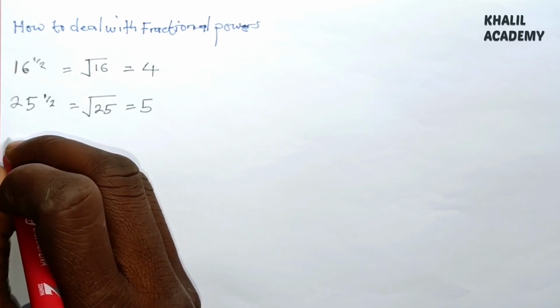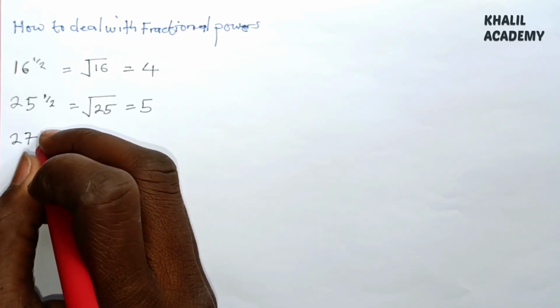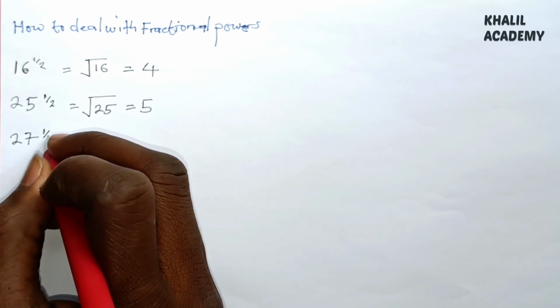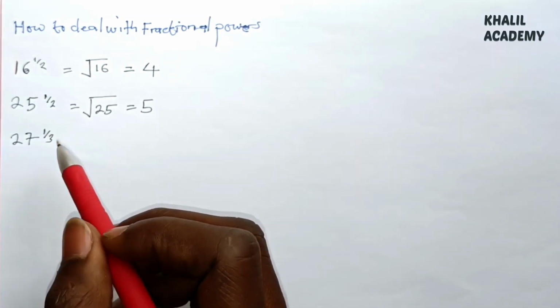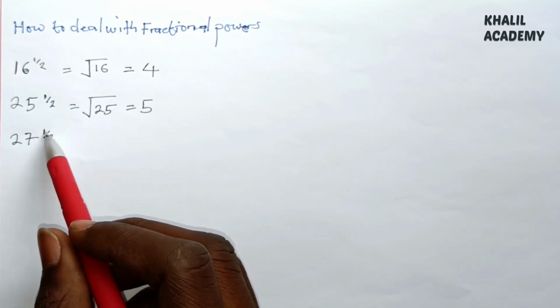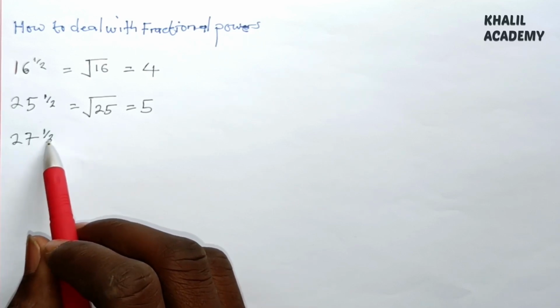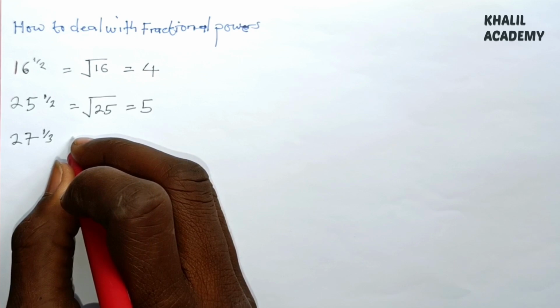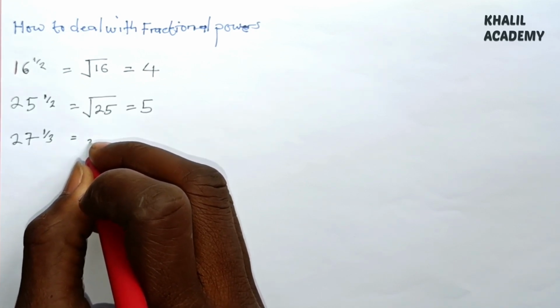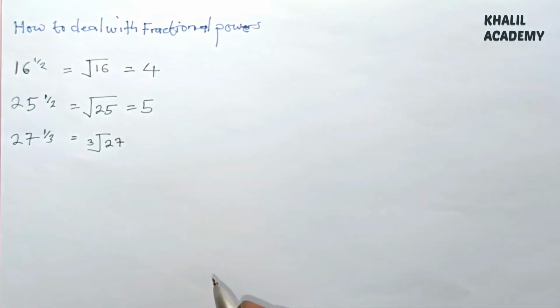Another example here. If we have 27 raised to the power of 1/3, since the numerator is 1, it is insignificant, so the root here is 3. It's going to be the cube root of 27.